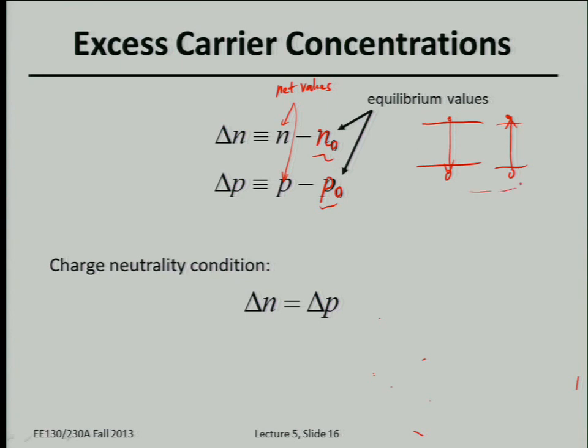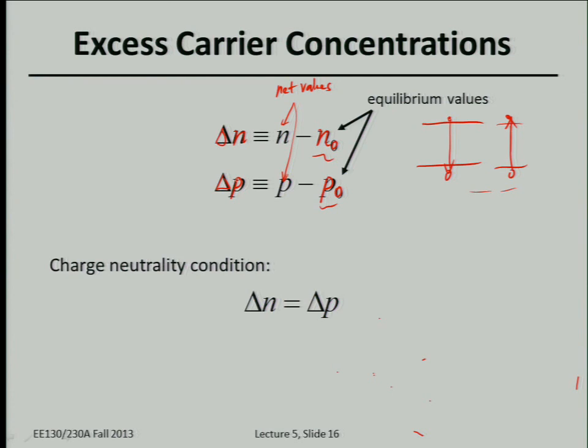Okay, so right now my carrier concentration change, no matter delta n or delta p, is defined as the total net carrier concentration subtract the equilibrium state carrier concentration, right?